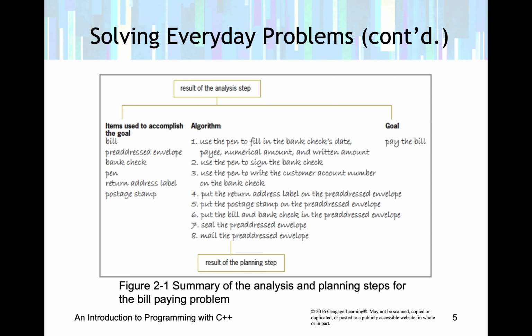Well, first we have to think, what are the inputs? What items do I need to accomplish my goal? Remember, my goal is to pay a bill. Well, I'm going to need the bill that I want to pay. I'm going to need a pre-addressed envelope. I'm going to need a check, a pen, a return address label, and a postage stamp.